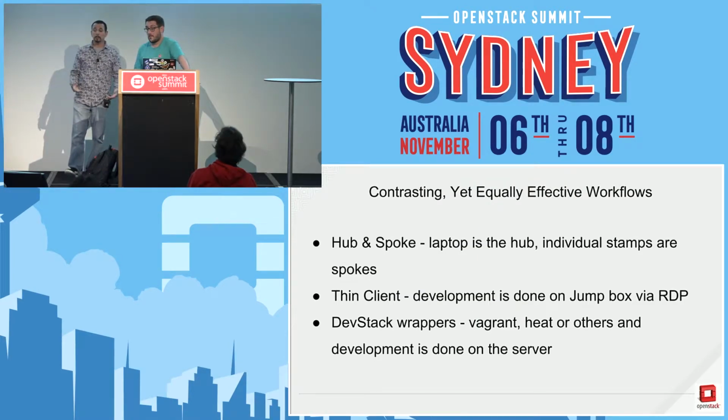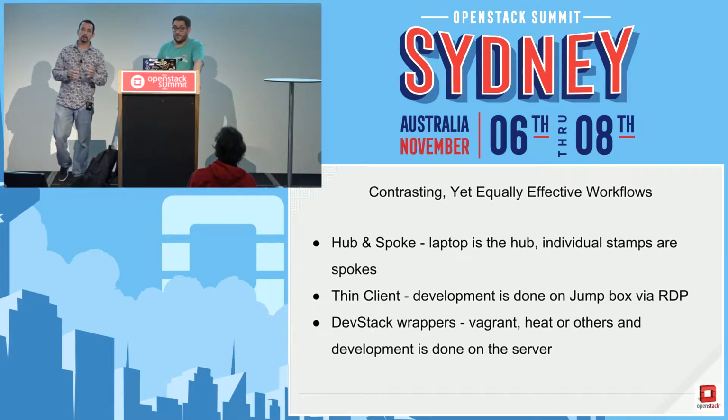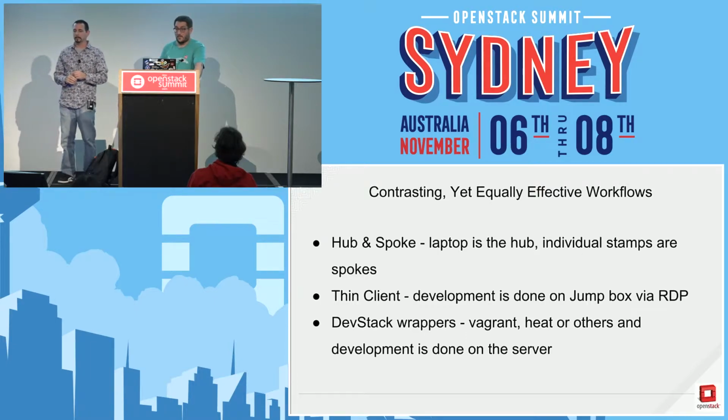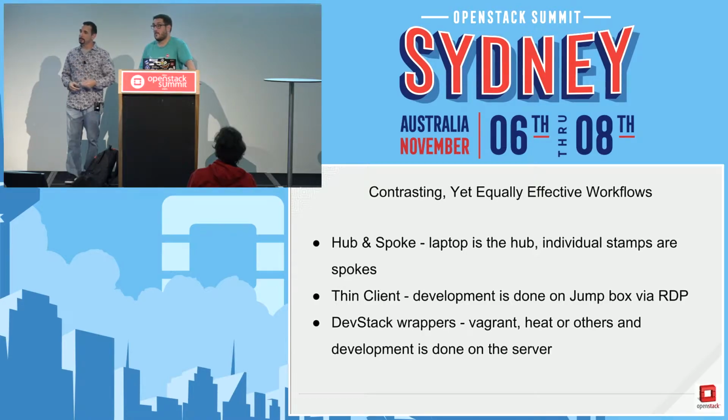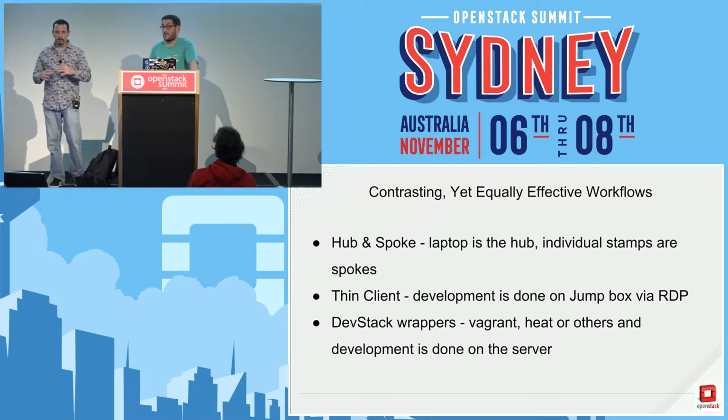The methodology I use is like a hub and spoke. So my laptop has all of my source code and all of the tooling I need in order to make changes to that code and push it to these isolated OpenStacks. Another team member of mine, actually he's sitting right there, Rick, I should have co-credited you. He uses more of a thin client.